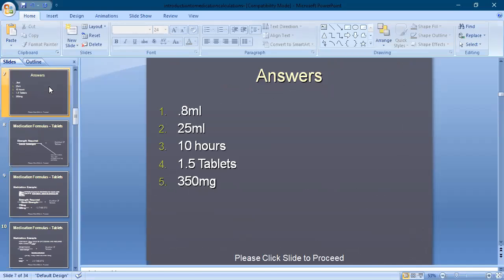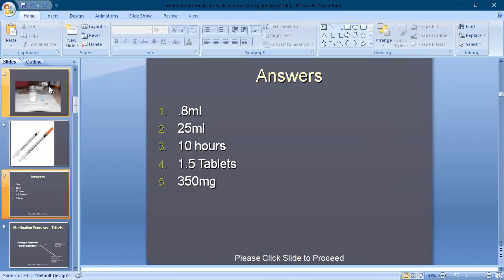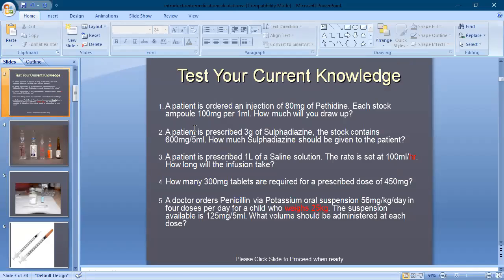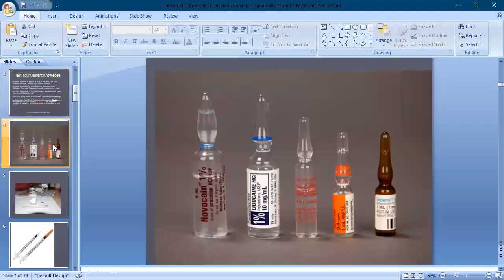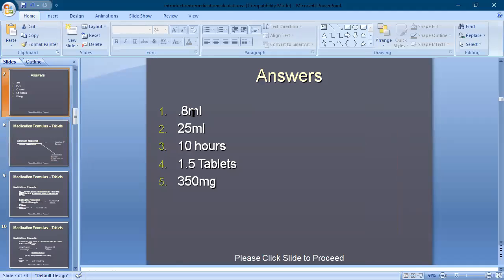This is one kind of formula. You can try it right now: 80 divided by 100 multiplied by 1 ml, 0.8. So the first answer is 0.8 ml.